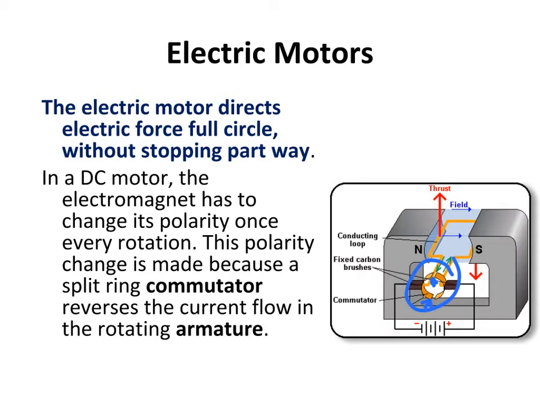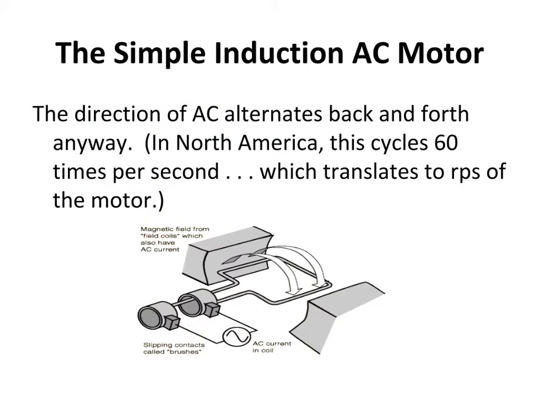We usually use a solenoid, as I said, inside the motor, which really is wire wrapped around an armature, and usually that armature is made from a strong ferromagnetic material like iron. An AC motor is a little bit different.